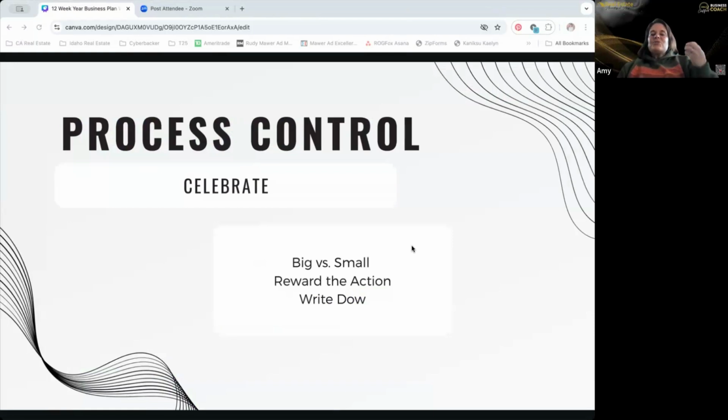If you struggled through the plan, we may want to have different levels of celebration: if I get 100% on my execution score, I get this. And if I get 75% on my execution score, which we'll talk about next week, this is what I get. And if I get less than 50%, I don't get to celebrate at all, right? So if you struggle, it may be not having a big celebration.